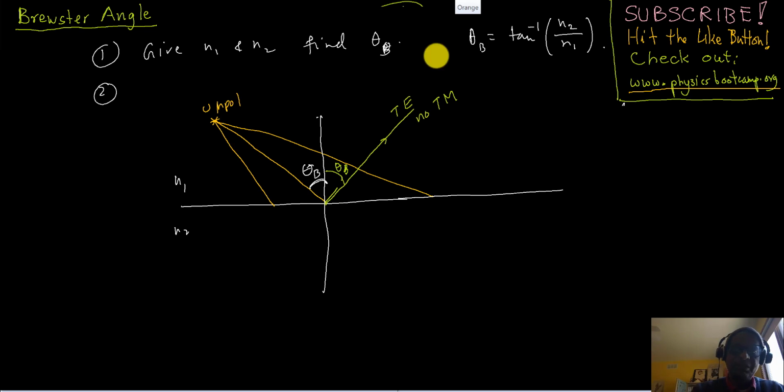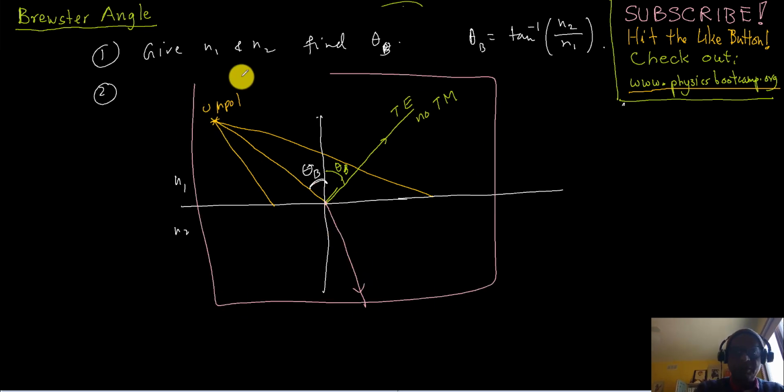It means that if you have this plane of incidence, reflected and transmitted, the electric field is pointed perpendicular to that.